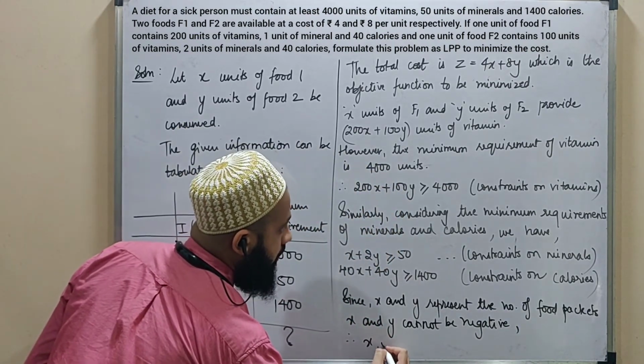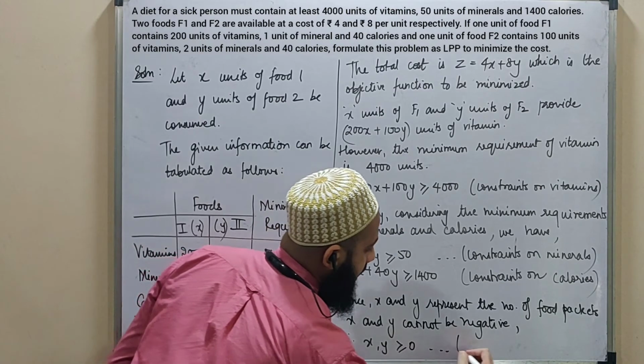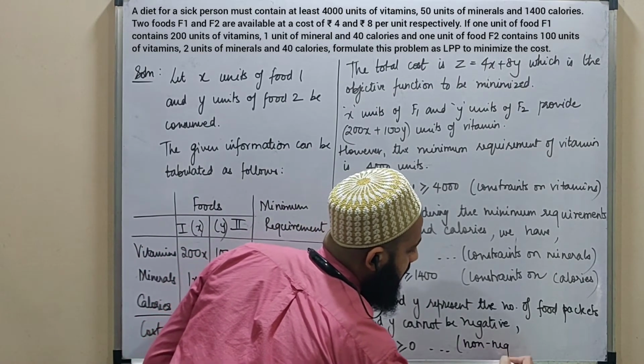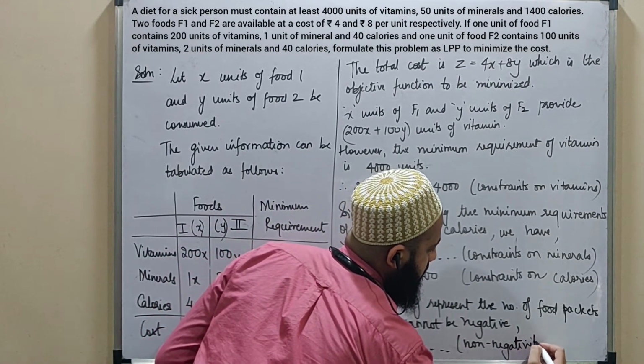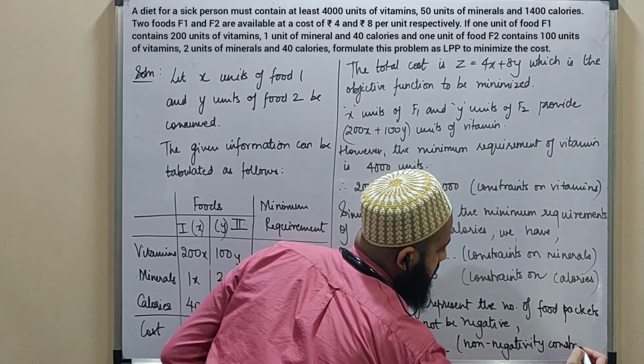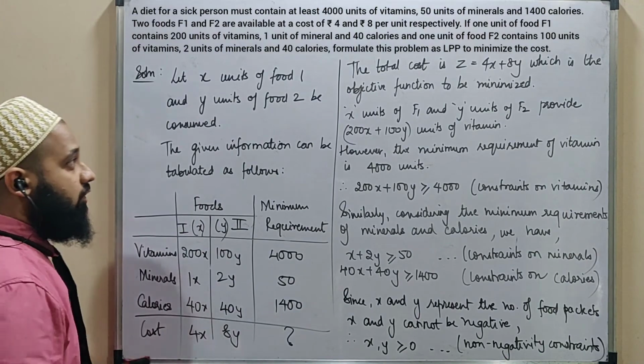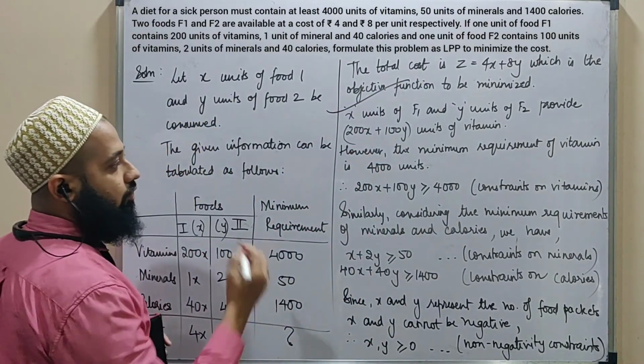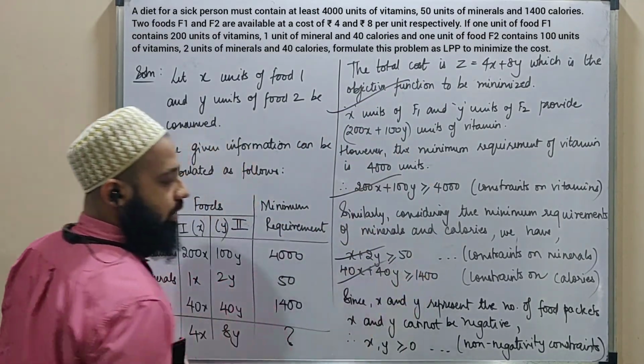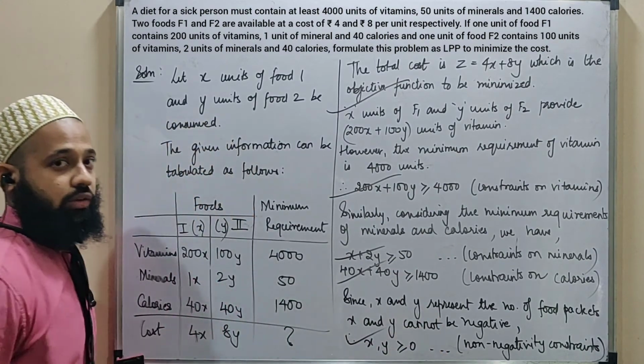Therefore, x comma y greater than equal to 0, we'll write here non-negativity constraints. We have completed explaining the objective function. We have finished with each of the constraints and we are done with the non-negativity constraints.